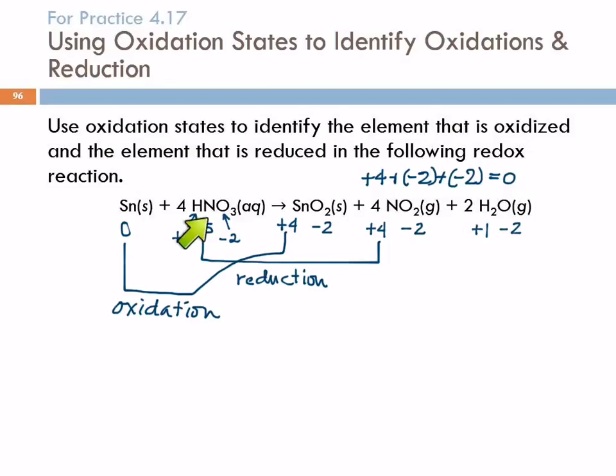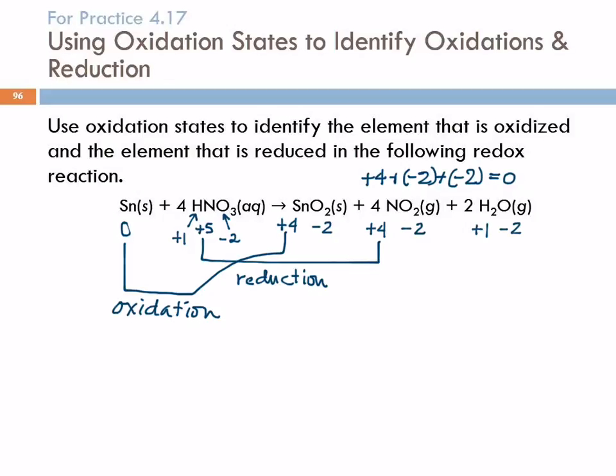Because here oxygen was covalently bonded to nitrogen, and over here 2 oxygens still are, but one of the oxygens has now left that molecule and has bonded with hydrogen instead. So there is chemical change involved for those, even though they didn't undergo redox.